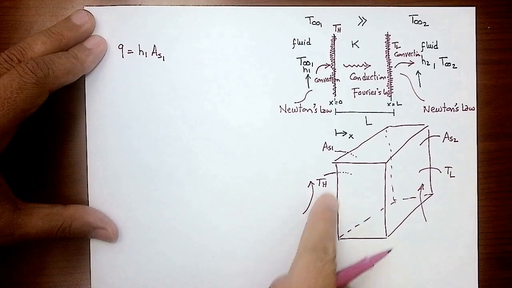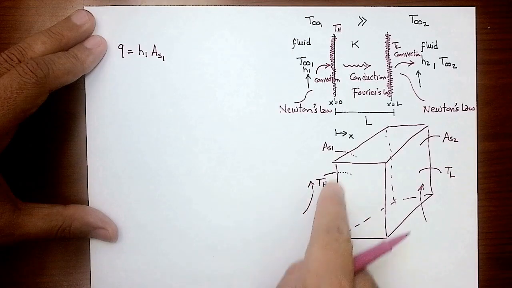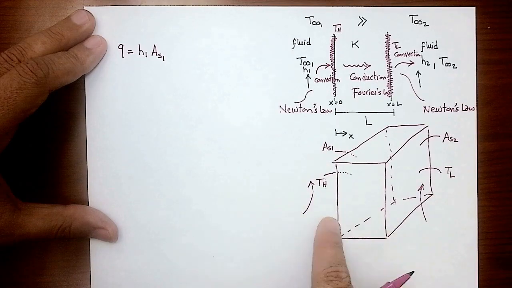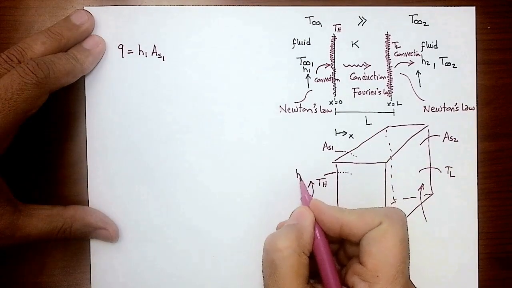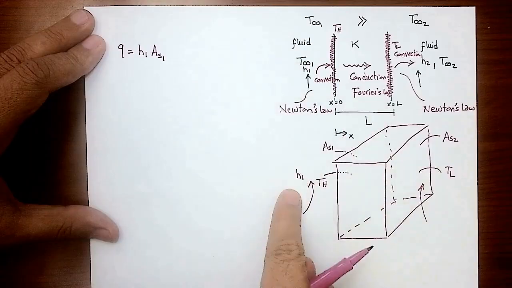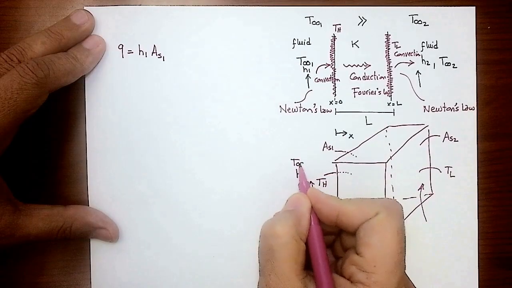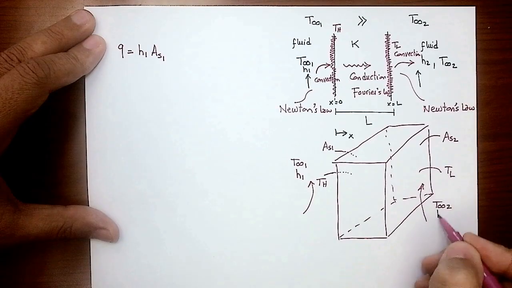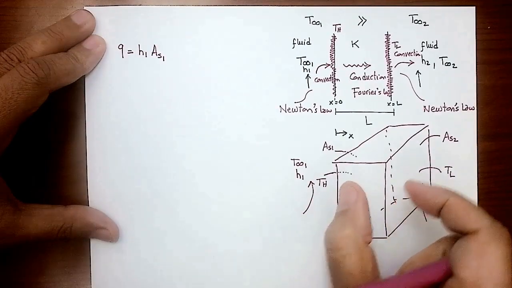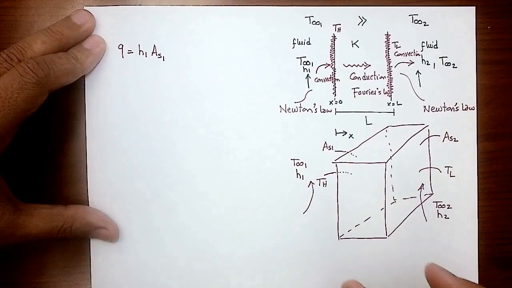So if I'm applying the convection heat transfer equation in that back area here, I'm going to have H1, which is the convection heat transfer coefficient of the fluid on the left side, and T infinity 1 here, that's the temperature of that fluid. And this side, I have T infinity 2 and H2. So now I just transformed the 2-dimension projected problem into a 3-dimension problem.